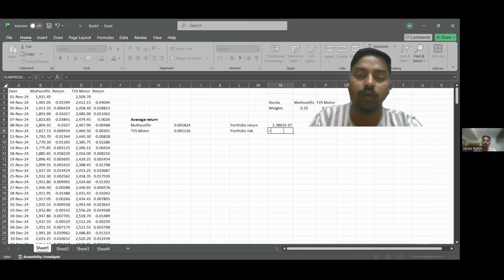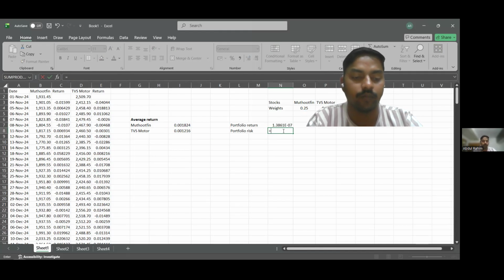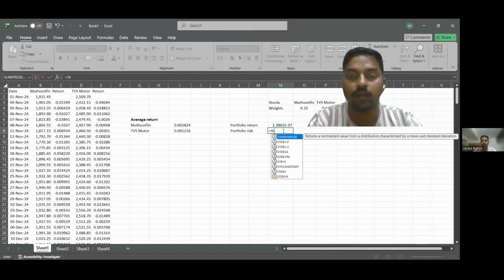Now we are going to calculate the portfolio risk. So for portfolio risk, we are going to take the formula standard deviation.